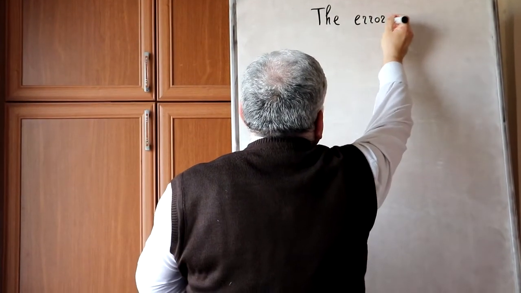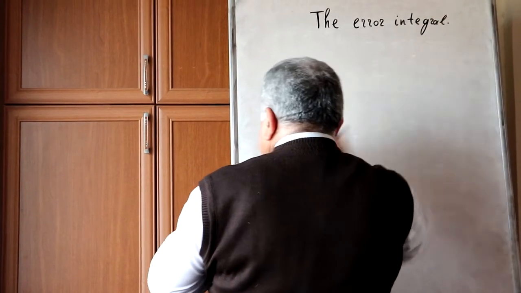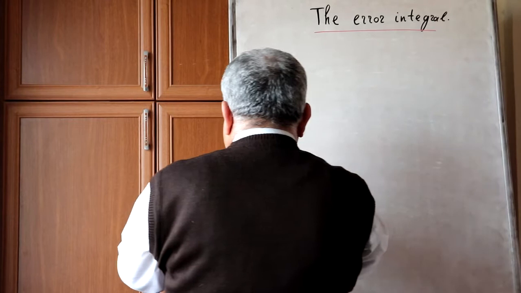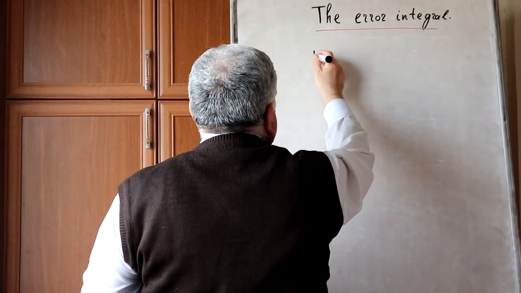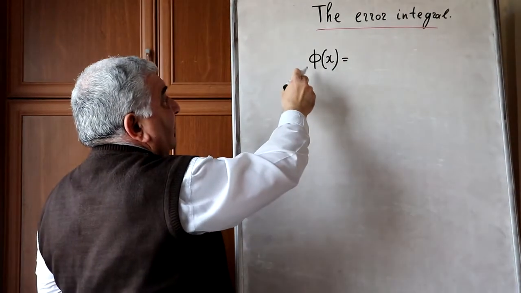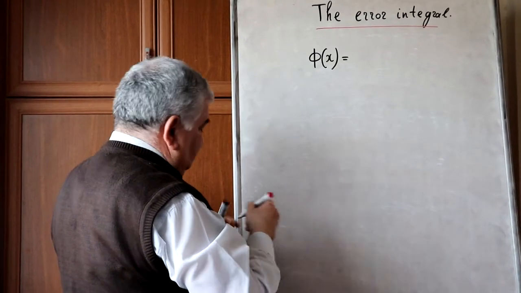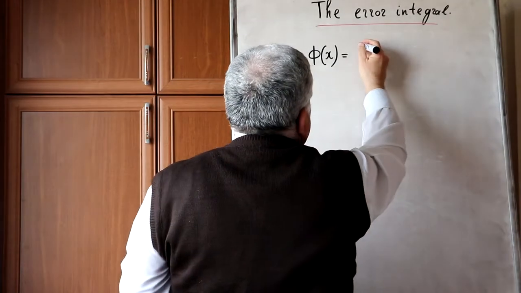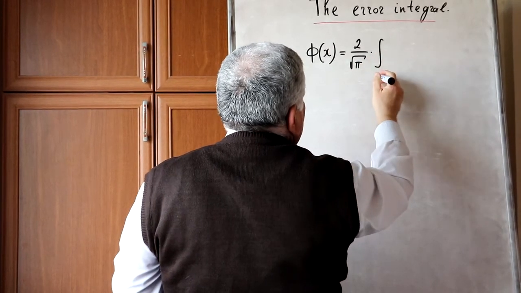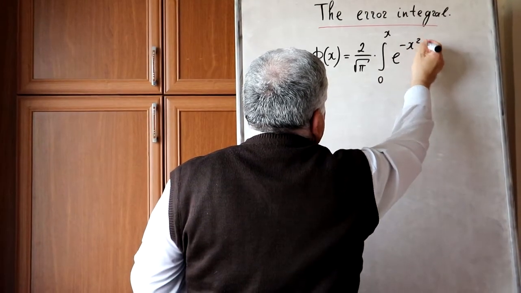This integral is denoted as capital phi of x, which is the capital Greek letter phi, and it is defined by the following expression: 2 over square root of pi multiplied by the integral from 0 to x of e to minus x squared dx.